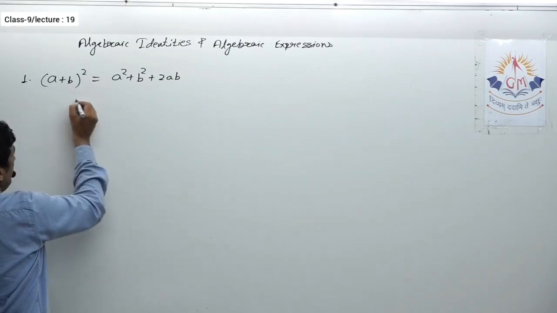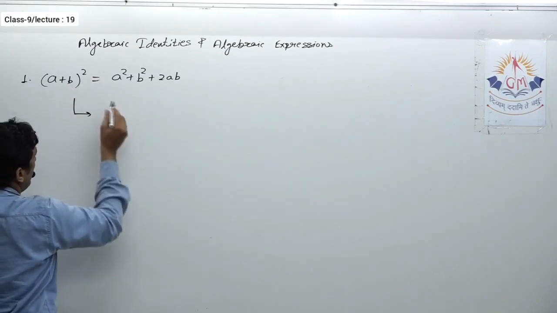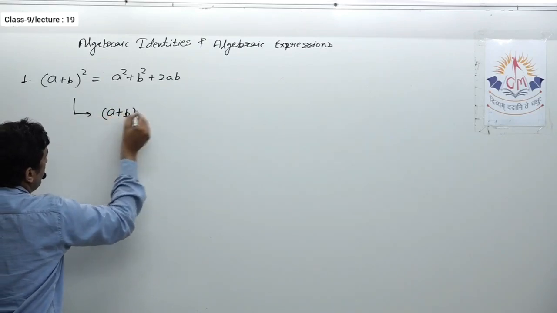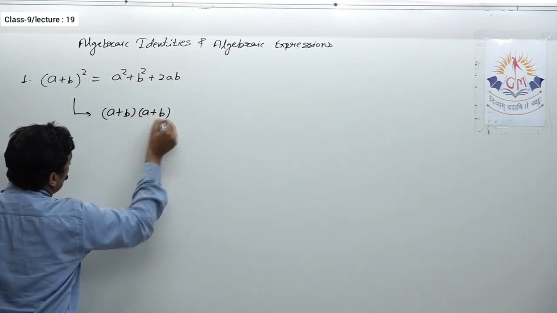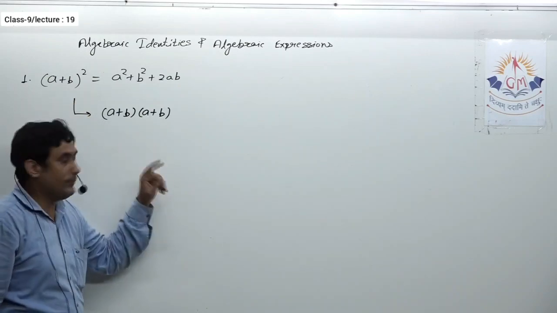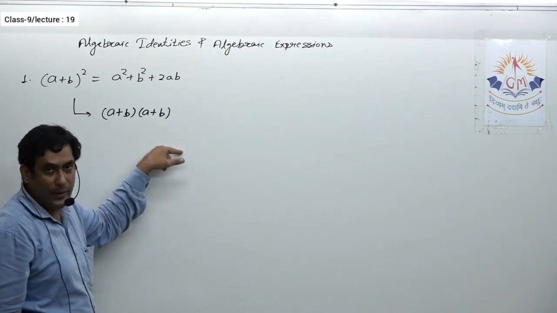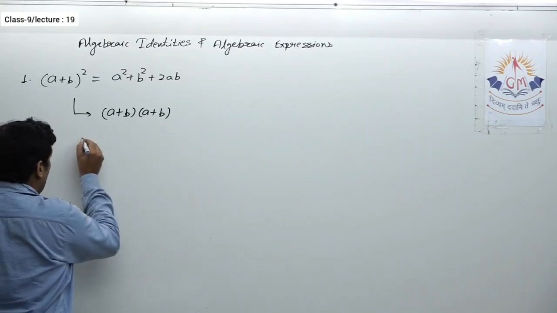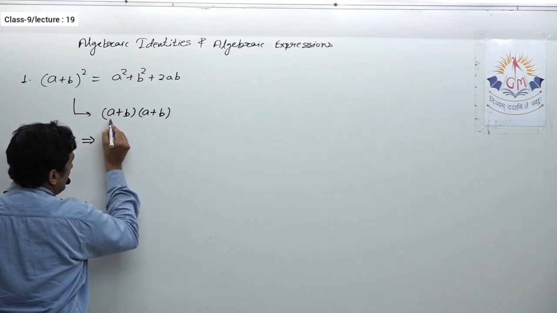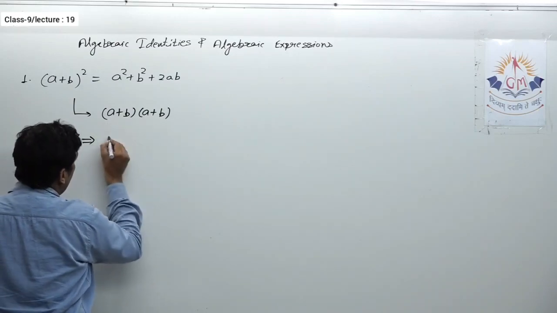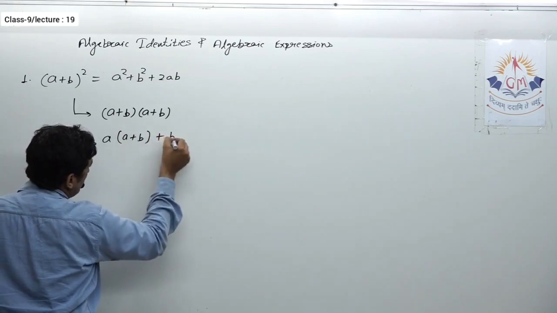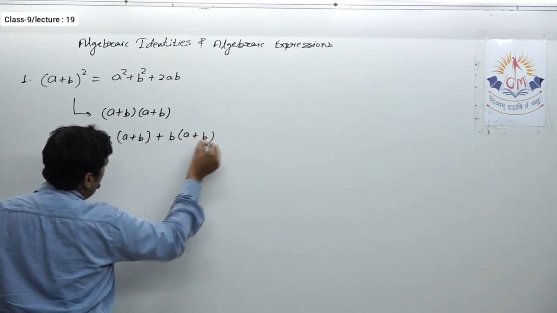See, first of all, understand what (a plus b) whole square means. Square means you have to multiply that quantity with itself. That means you multiply a plus b with itself one time, that is (a plus b) multiplied by (a plus b). Now, I hope you know binomial to binomial multiplication. So here, a should be multiplied with a plus b, then plus b should be multiplied with a plus b.